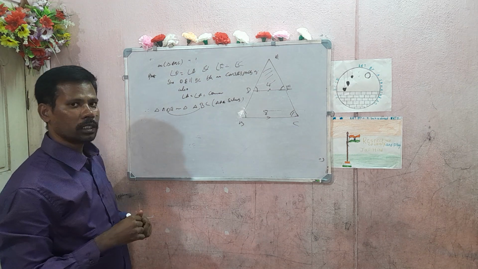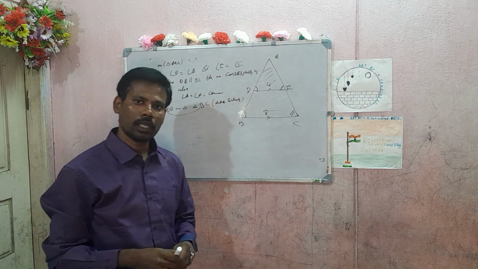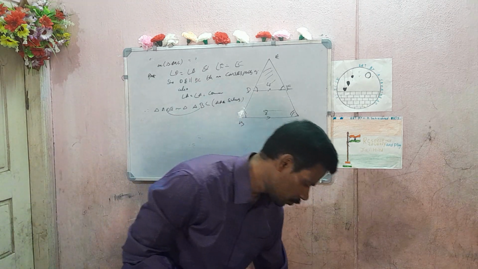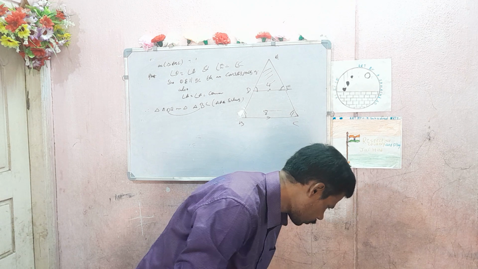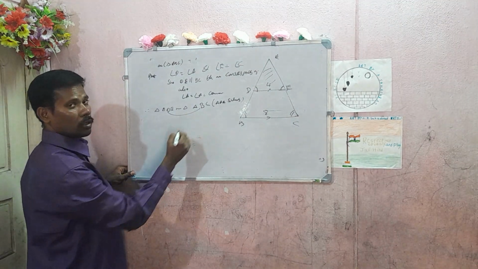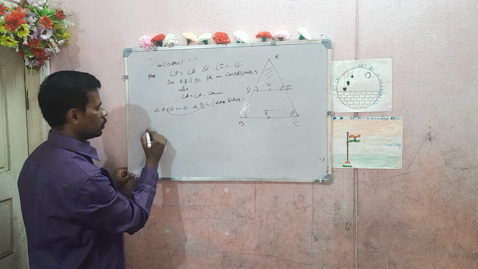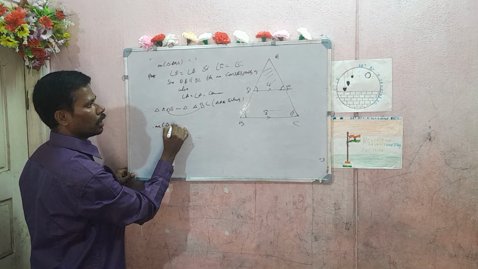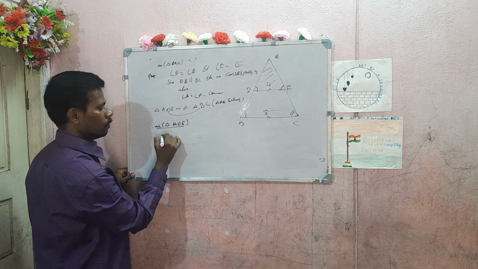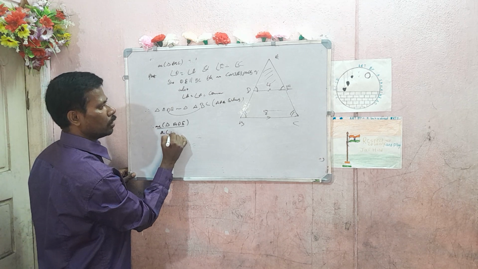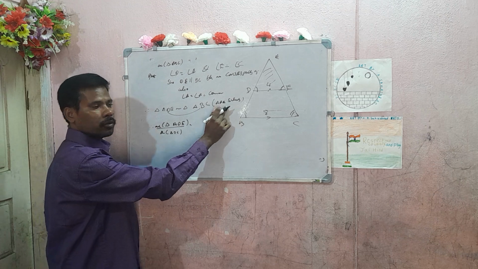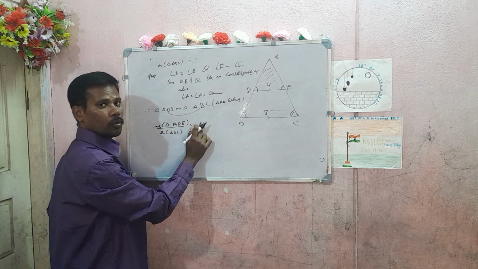Now, if two triangles are similar, what can you say? The ratio of the areas of two similar triangles is equal to the ratio of the squares of the corresponding sides. Therefore, area of triangle ADE by area of triangle ABC is equal to the ratio of the squares of the corresponding sides.